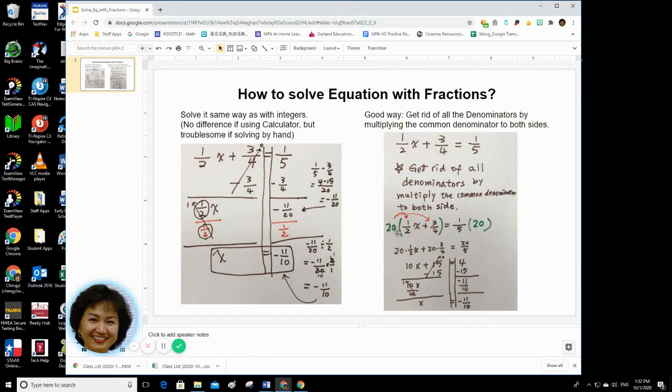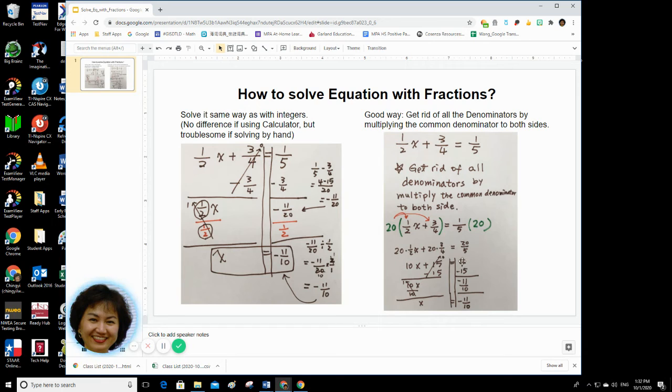We know 20 times 1/2 is 10, so you get 10x here. 20 times 3/4 is 15. Now 1/5 times 20 is 4. So just in this one step, you get this equation: 10x plus 15 equals 4.